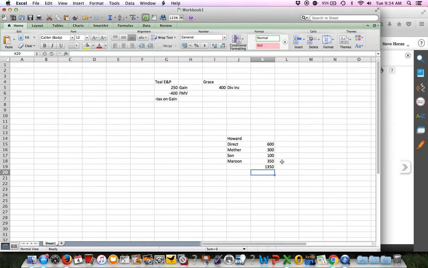The stock attribution rules do not apply to stock held by corporations if the shareholder owns less than 50% of the stock in that corporation. So I take out Maroon. That just goes away because now the scenario is down to 40%. So now it's just 1,000. So basically, in the first example, letter A, he owned 70. In B, he owned 40. So for letter B, we do not include anything out of Maroon. So now it drops to 1,000.